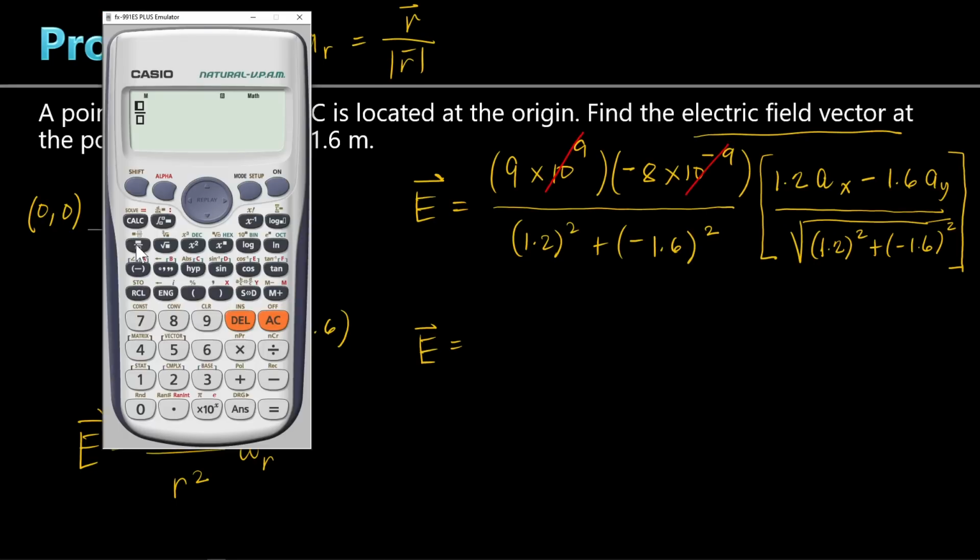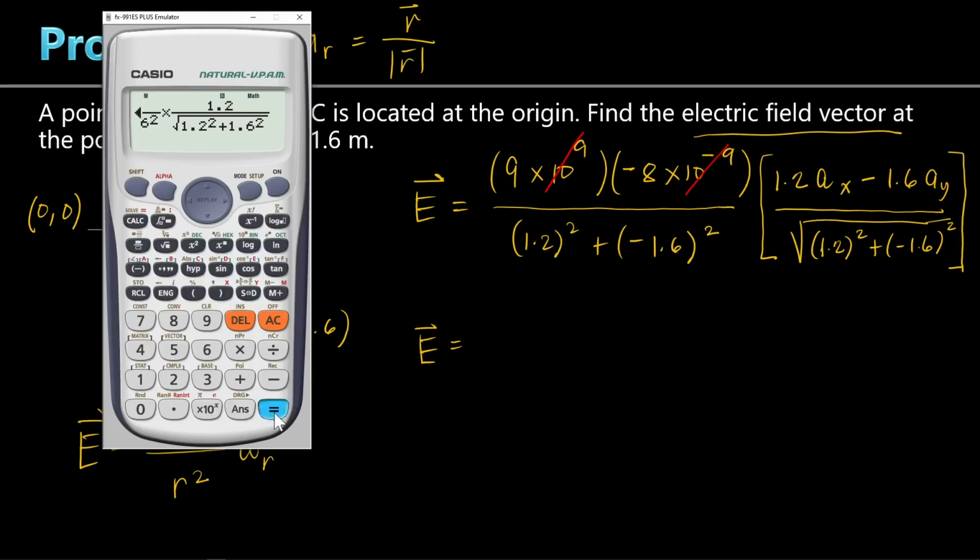First, fraction sign. Ano? 9 times negative 8 divided by 1.2 squared plus, tanggalin ko na lang yung negative sign ha, para madaling pindutin kasi same lang naman yung sagot. 1.6 squared times, parenthesis uli, para sa AX, 1.2 over the square root of 1.2 squared plus 1.6 squared.